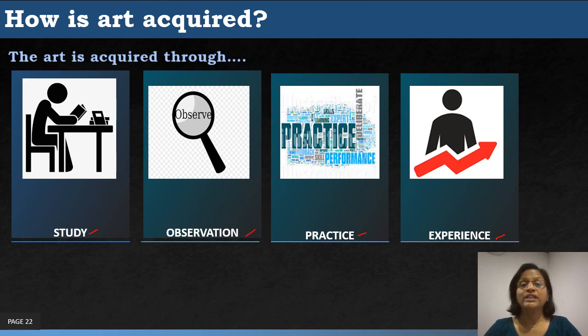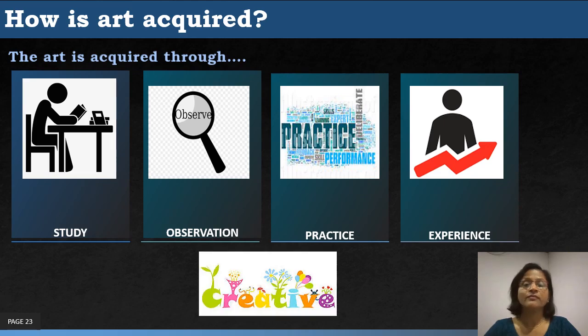In talent shows on TV, you must have heard kids saying that they have learned music and dance by watching TV, isn't it? Through rigorous practice and through performing at various stages, one can become an expert in any art. Some amount of creativity is also required to practice the basic principles that one has learned.